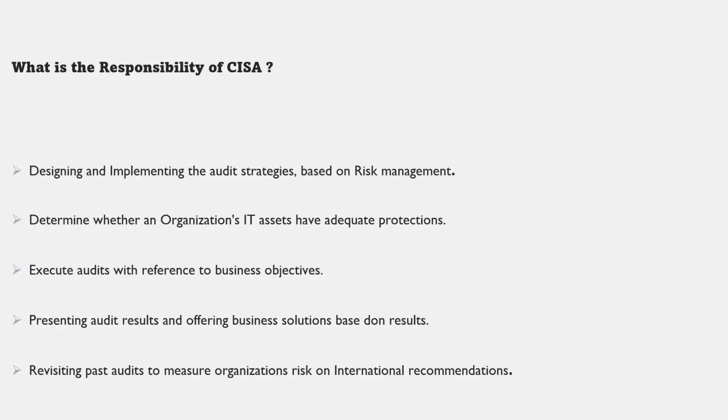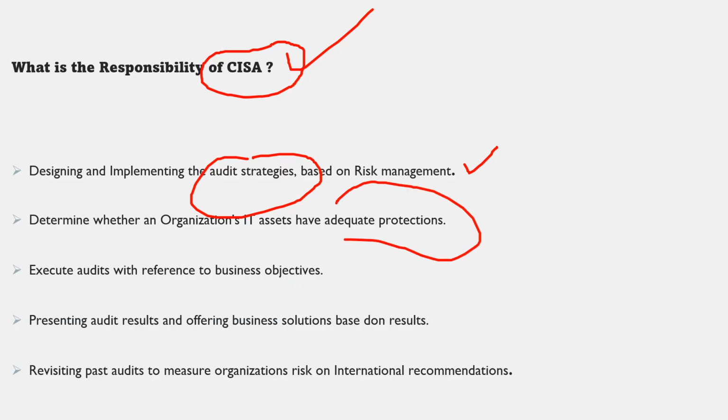Going to the next slide. What is the responsibility of CISA? I mean, why did CISA come into the picture? What is the cause of CISA to be implemented? CISA helps us to design and implement audit strategies based on RM, risk management. CISA determines whether an organization's IT assets have adequate protection or not, whether our asset devices are fulfilled or not.